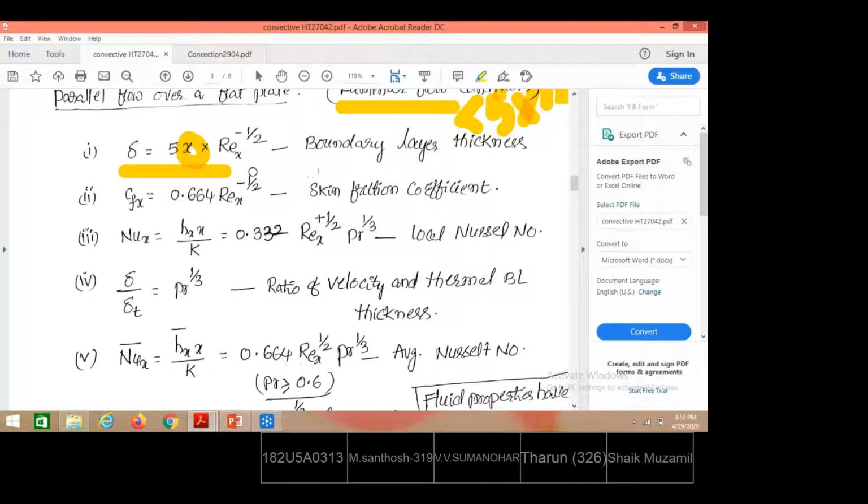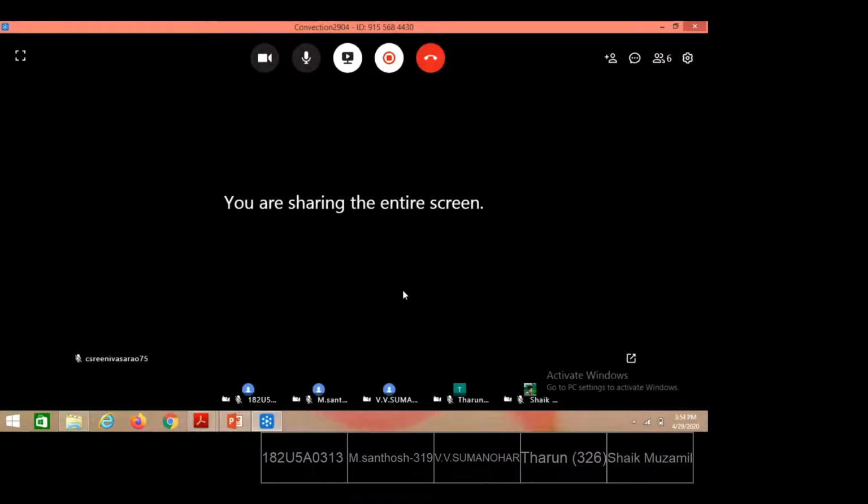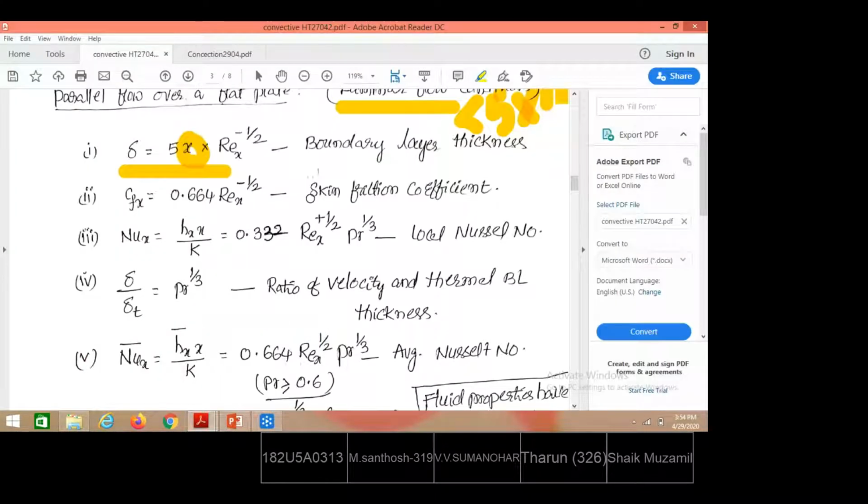I asked you to keep the data book. If the data book is there with you, it is there in the data book, to estimate the boundary layer thickness.